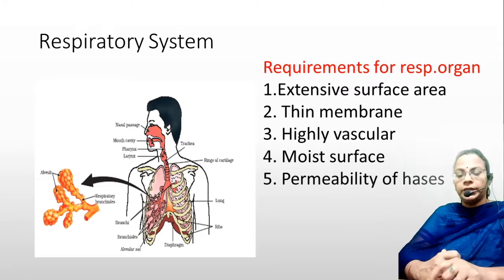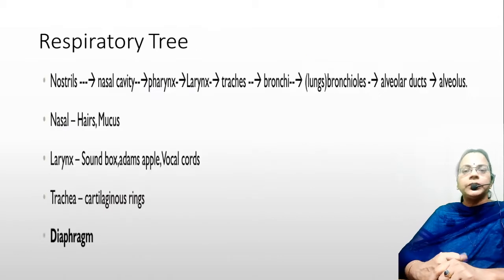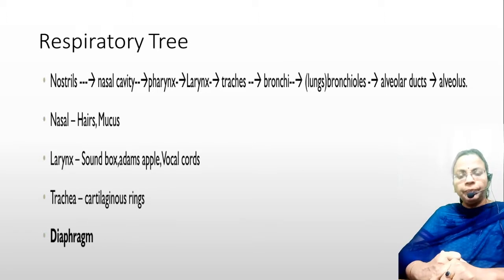Finally, in this respiratory tract, it enters into a duct. That duct is called the alveolar duct, which ends in a bulbular structure called the alveolus. The alveolus is the main structure concerned with respiratory exchange. It is very thin, has a highly extensive surface area, and is highly vascular.